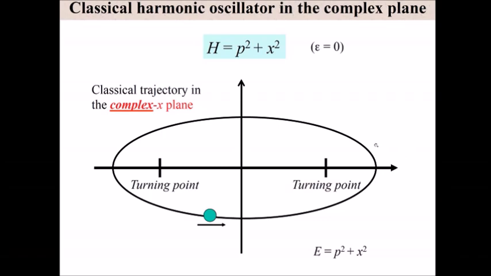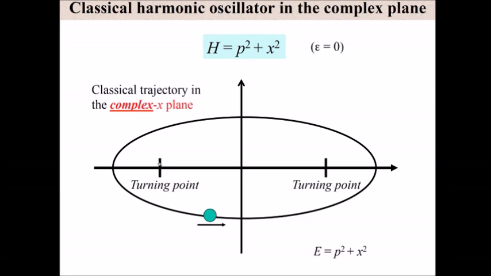Okay, so where does it go? It goes like this, and then it comes around like this, and it goes back to where it started. So the particle is in an orbit, and for the harmonic oscillator, this orbit is an ellipse. And in fact, the turning points are the foci of the ellipse.